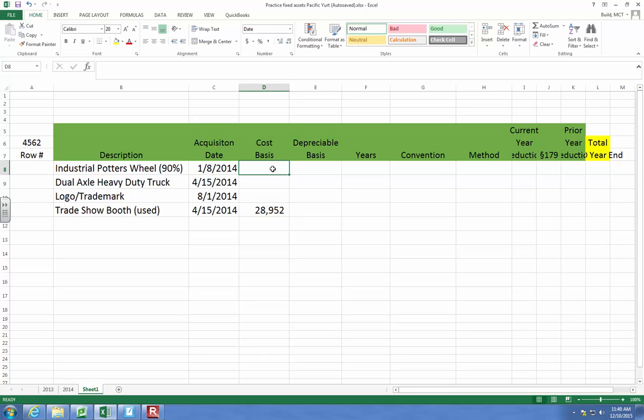And the potter's wheel was 41.2. The truck was 12,950. The logo and the trademark was $9,080.